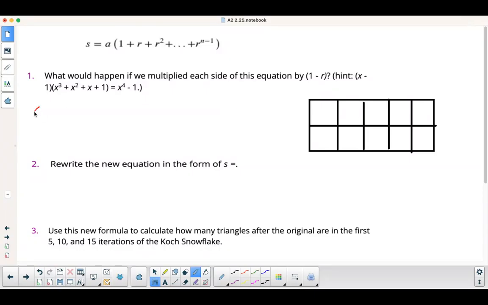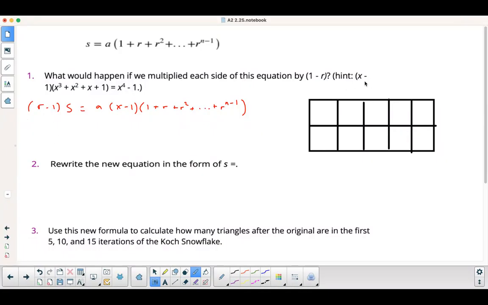So what you're going to do is you're going to take x minus 1, whoops, times S equals A times x minus 1 times 1 plus r squared dot dot dot r to the n minus 1. So what I'm going to do is try to multiply these two. Now you might say, how can you do that with this gap here? Oh shoot, I shouldn't have used x, I should have used r, sorry.